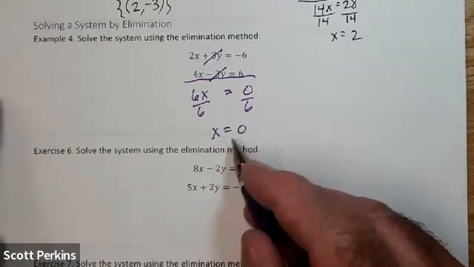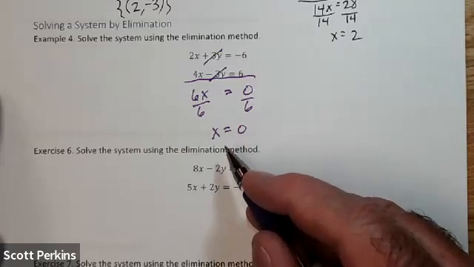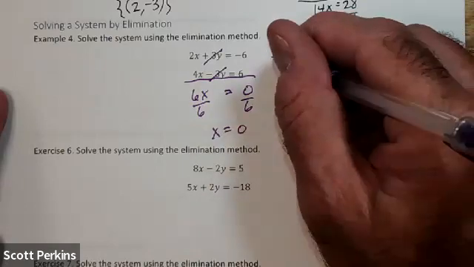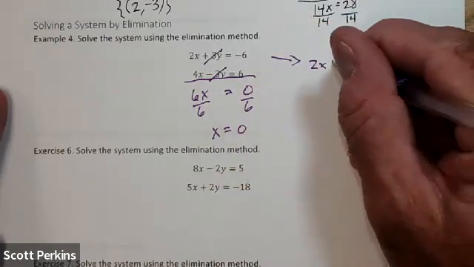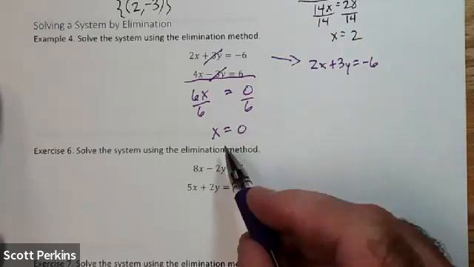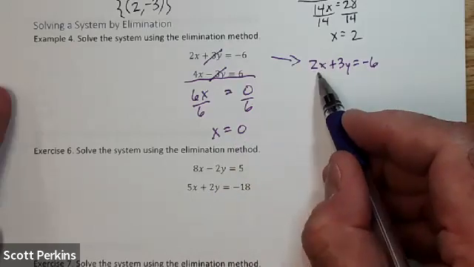Now I'm going to take the x as 0 and plug it into one of the equations. It doesn't matter which one. Do we want to do it in the top one or the bottom one? Okay, top. So the top equation is 2x plus 3y is equal to negative 6. The x value is 0. So when I put that x value in, what's 2 times 0? 0.